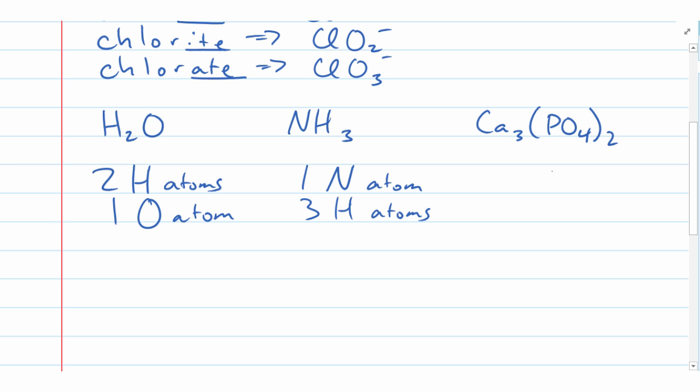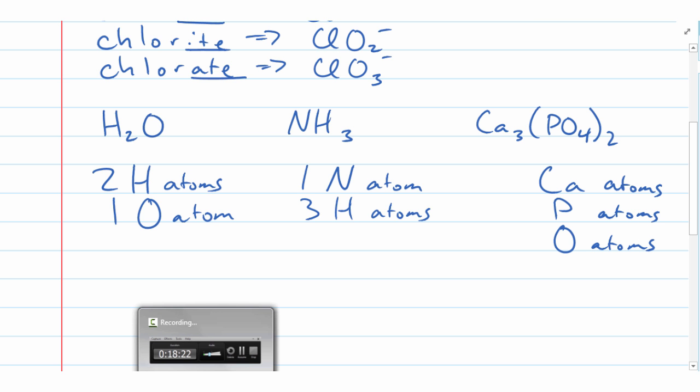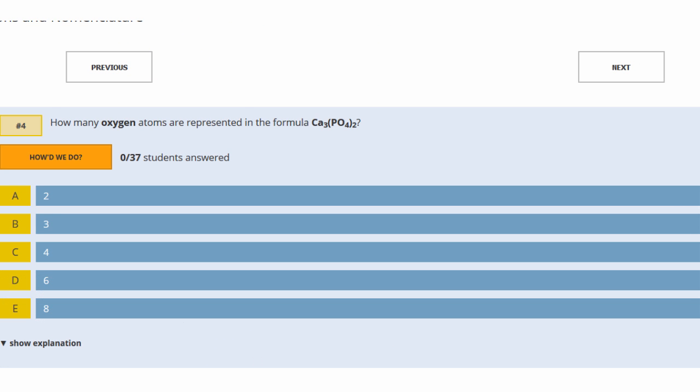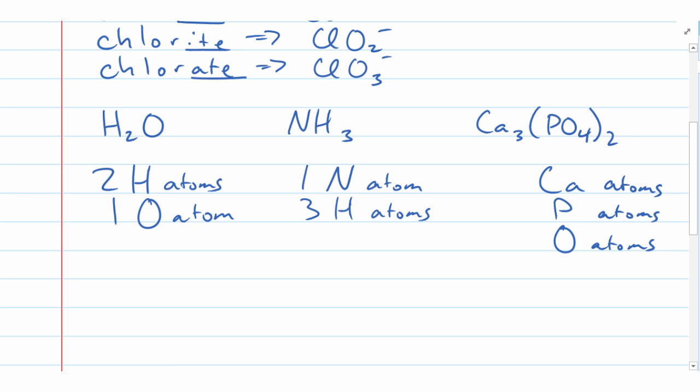Now, this is the next question on the Socrative app. Count the number of calcium, phosphorus, and oxygen atoms represented by this formula. Once you determine the number of calciums, phosphorus, and oxygen, talk with the neighbor. If you're not sure, talk with a neighbor and see what you think it would be.